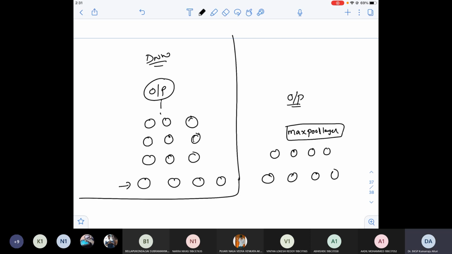What exactly this max pool layer does, we will see with an example. And maybe again I'll have hidden layers. Again I can have a max pool layer. Again I can have a hidden layer, etc. This sequence can proceed further.